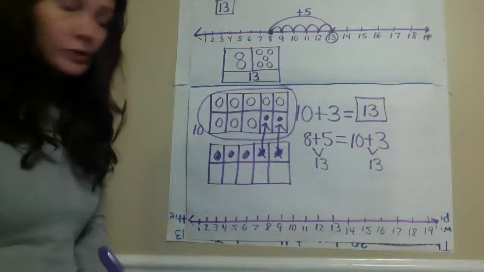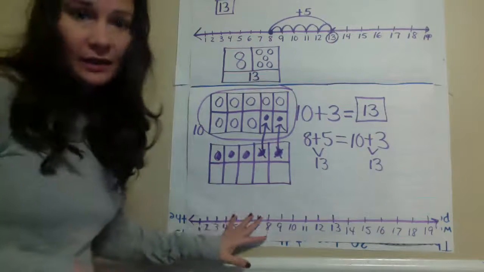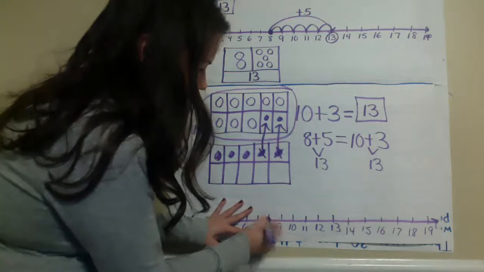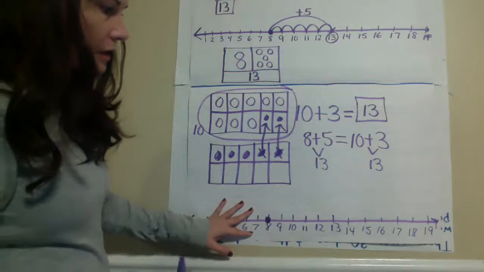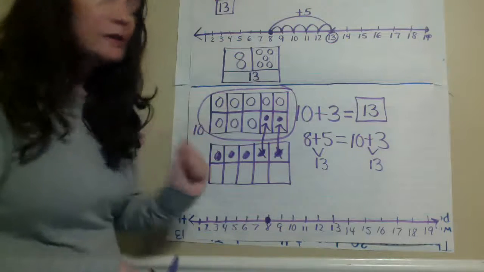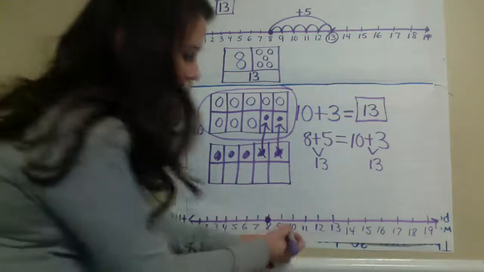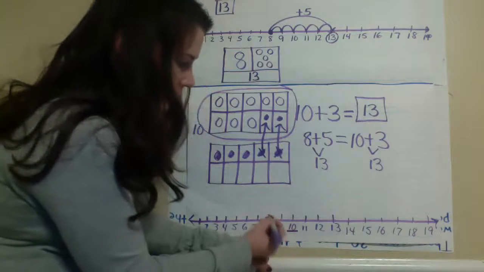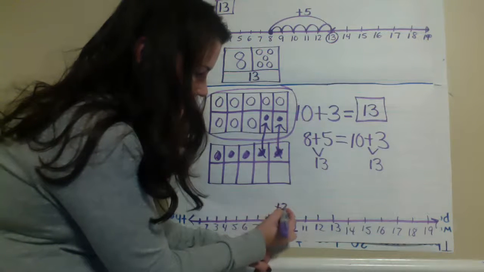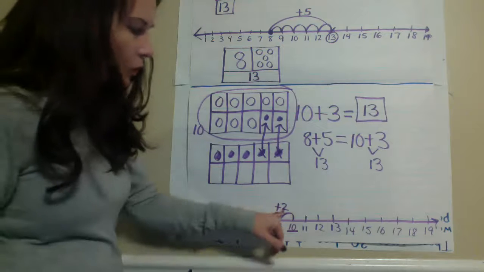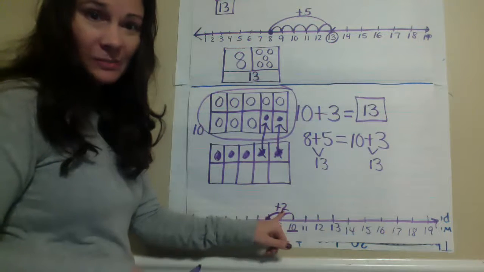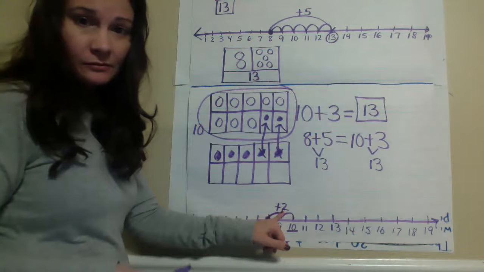You can also use a number line to do the same thing. If you had 8, you know that you're adding 5 more. To get to a friendly 10, we need to add 2 more. But what would you add to 2 to make 5? Let's see.